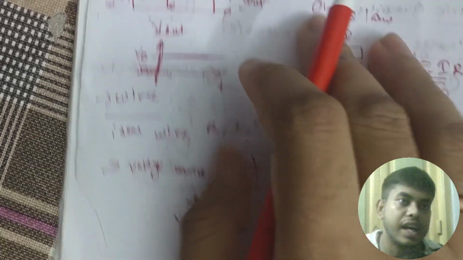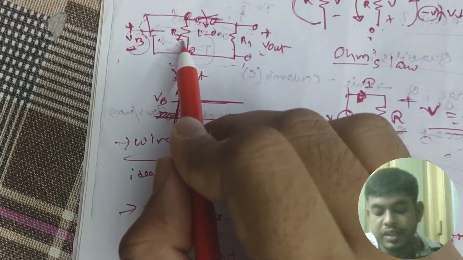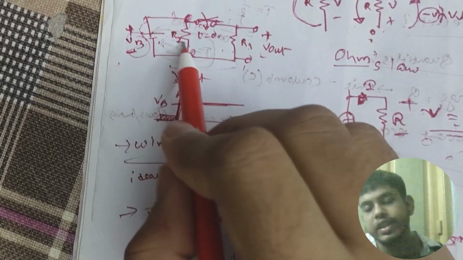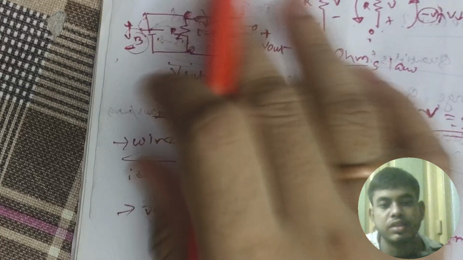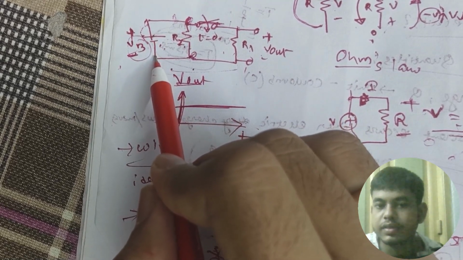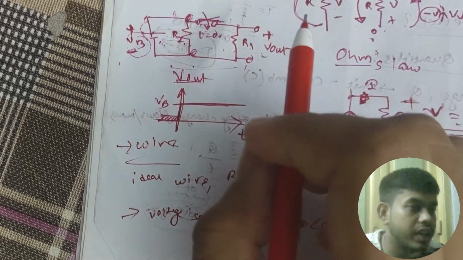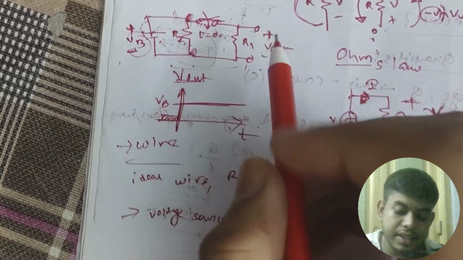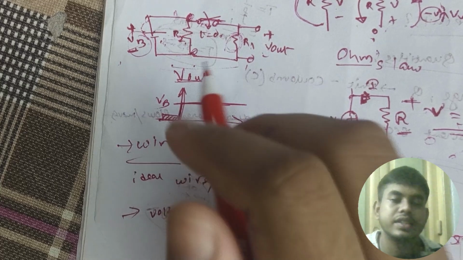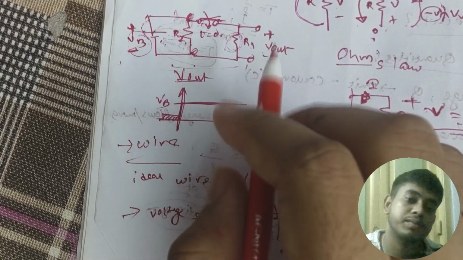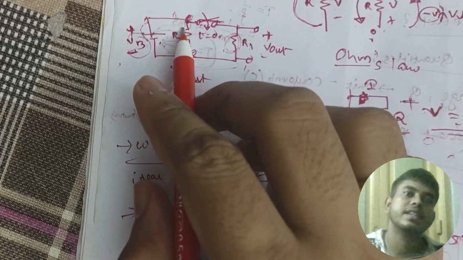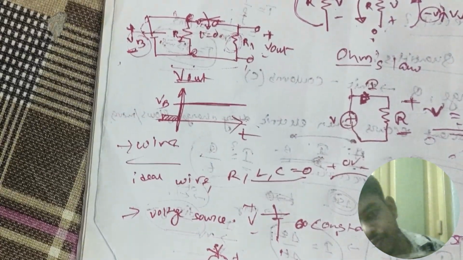See the current in R2: when only R2 was there, the current was flowing through it. When R1 was introduced in parallel, the resistance dropped and the current became more. When there was a single resistance, let the current be I1.